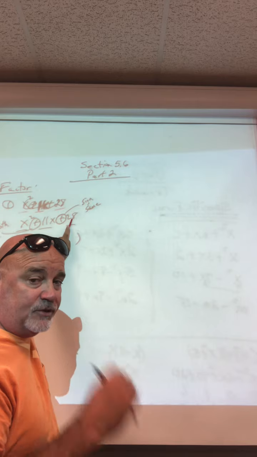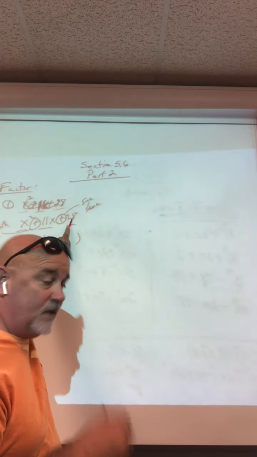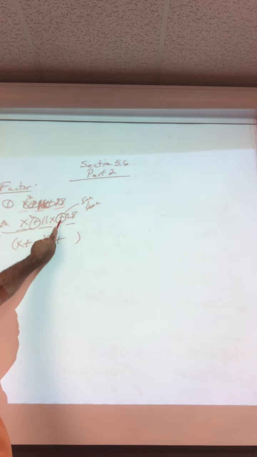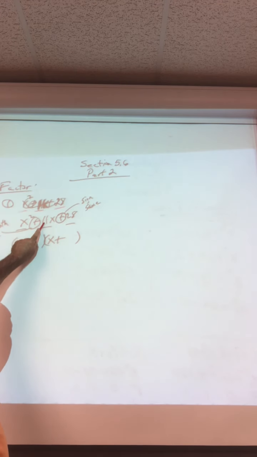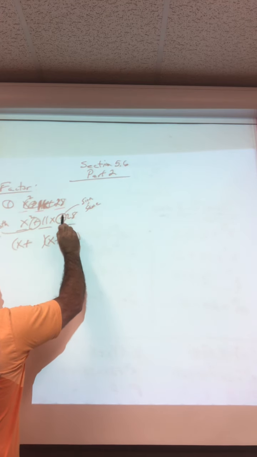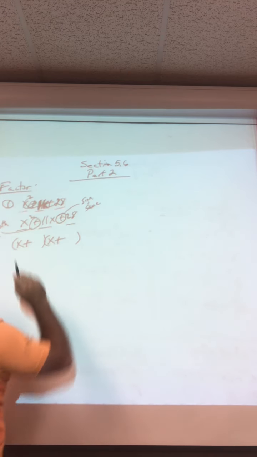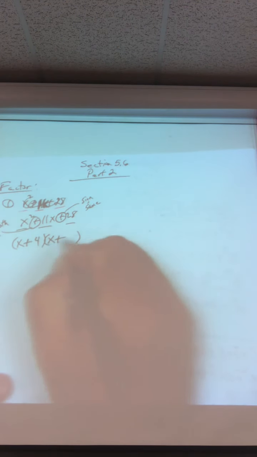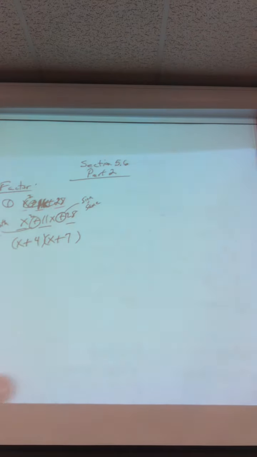But there's a second question. Those same two numbers have to add together to give you 11. Multiply to 28, add to 11. Now that rules out 2 of them. That would be 4 and 7.